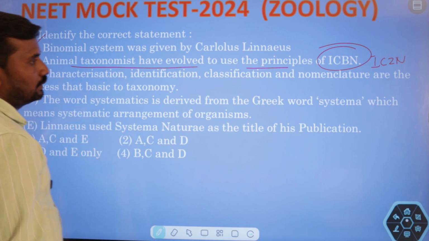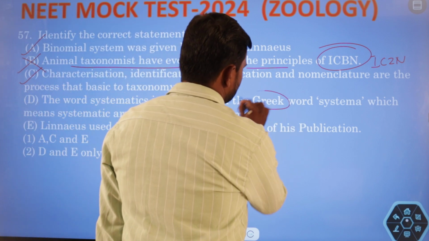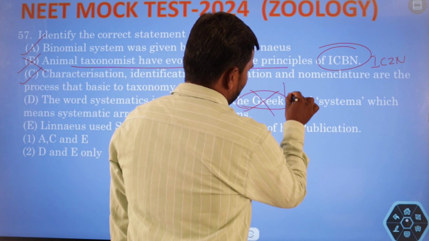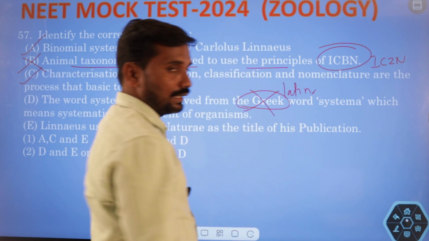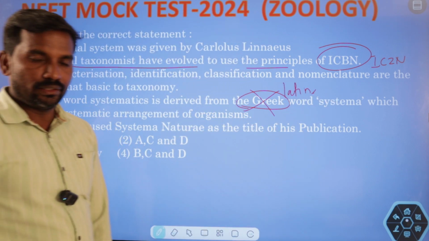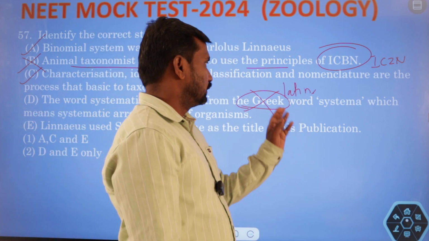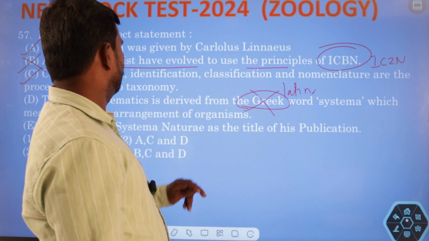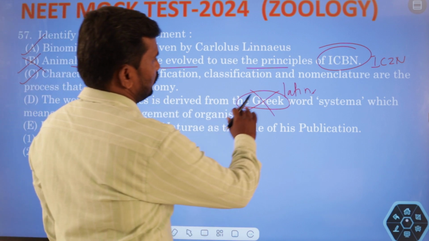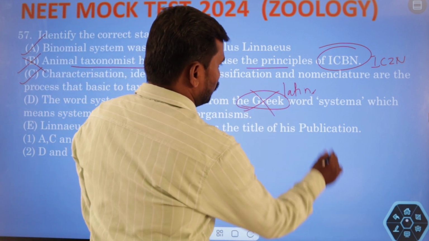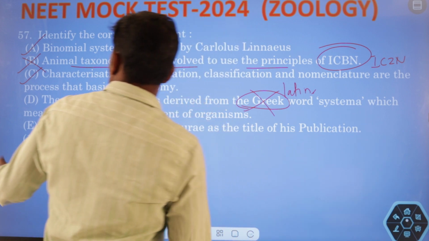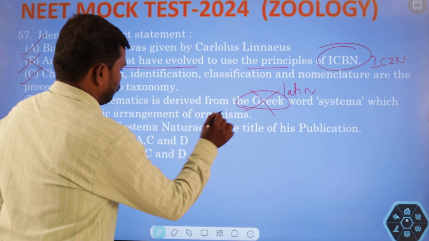The word systematic is derived from the Latin language, not Greek. Basically, Latin is a dead language. Nowhere in the European countries is Latin used. It is a completely dead language. That is why the word systematic is derived from Latin, not Greek, and the word systema means a systematic arrangement of organisms.